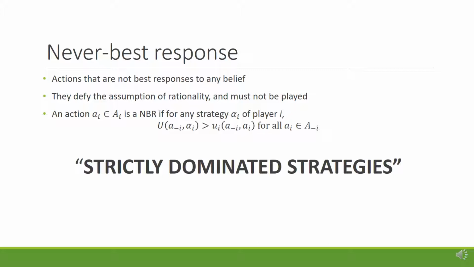a strategy of player 2, or a belief that player 1 has on the strategy or move of player 2. So the third bullet point here gives the mathematical definition of a never best response.